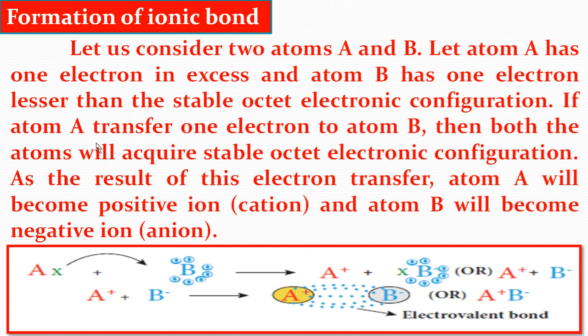If atom A transfers one electron to atom B, then both the atoms will acquire a stable octet electronic configuration. So, as a result of the electron transfer, atom A will become a positive ion, that is a cation, and atom B will become a negative ion. So here, the negative ion B minus is there.